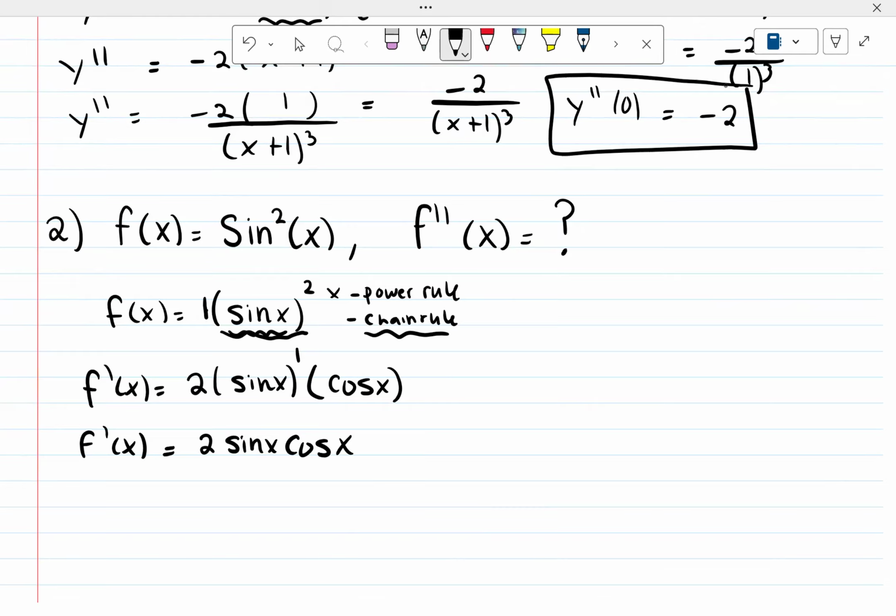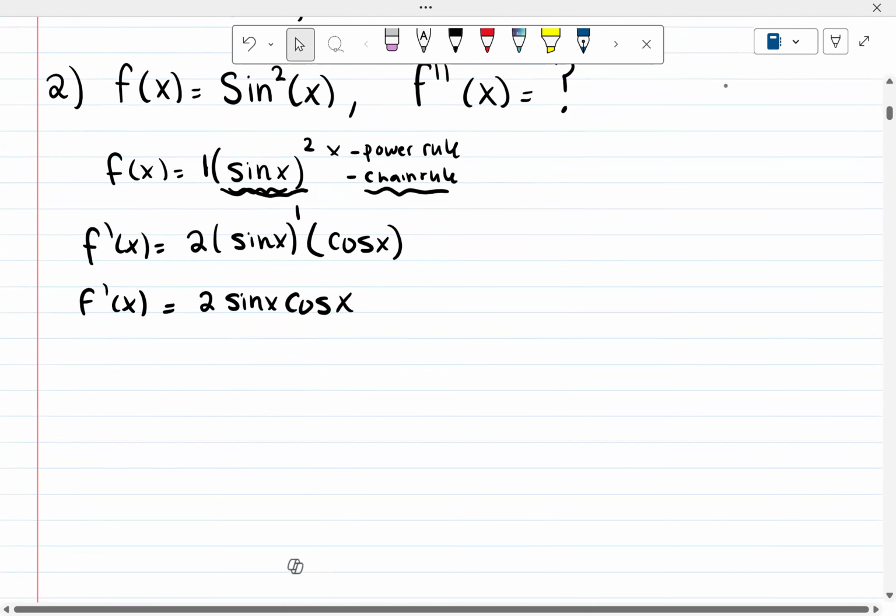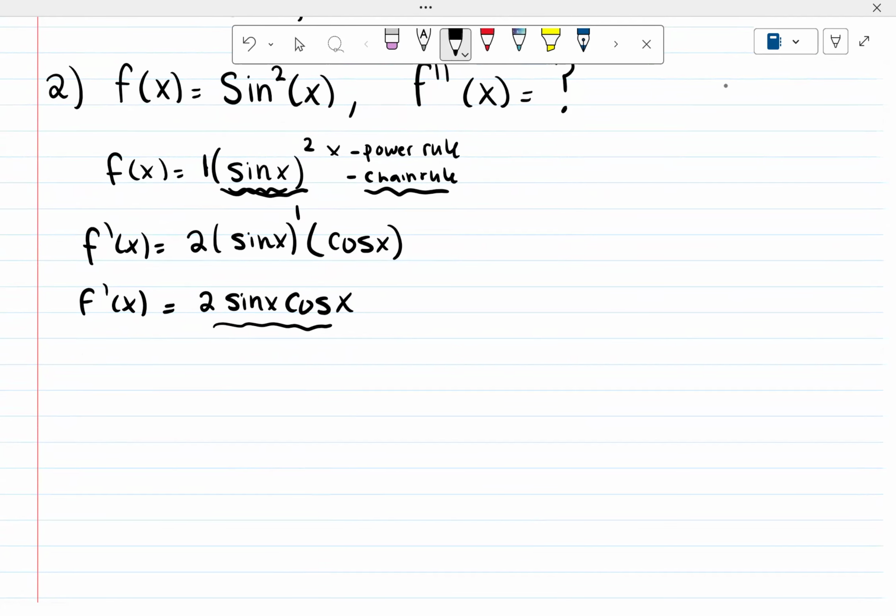Okay, so we found f prime, but that's not our answer because we want f double prime, right? So how would we take the derivative of this? Well, 2 is a constant, and then it's multiplying two things, sine of x and cosine of x. When you're multiplying two things, you're most likely going to use the product rule, right?